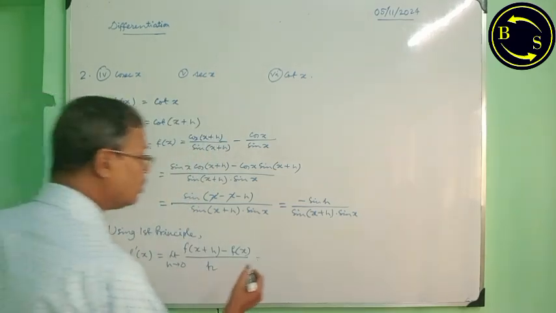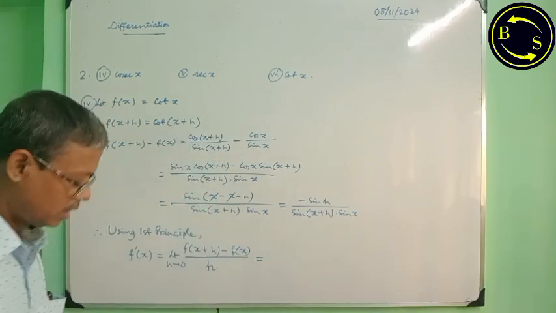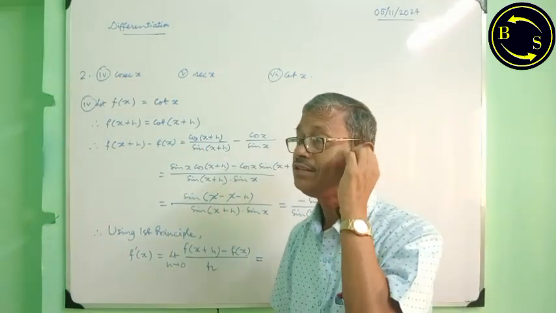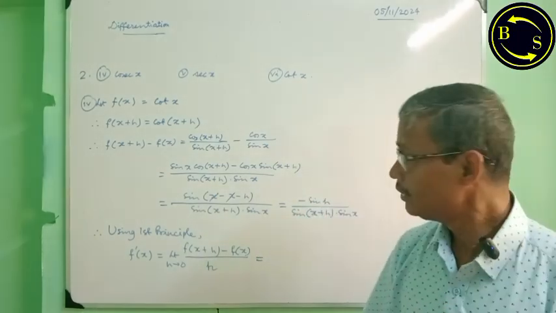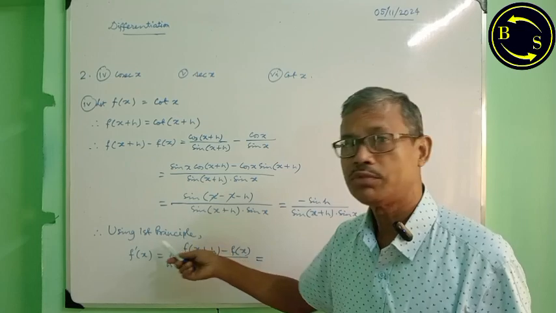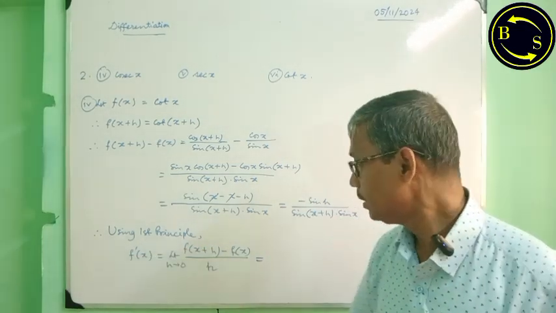Now I put this value here, and remember one thing, while you will be asked to find the derivative of a given function using definition, you must write such type of terms using first principle or by definition, like this.